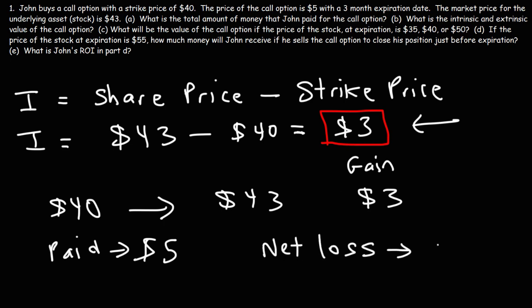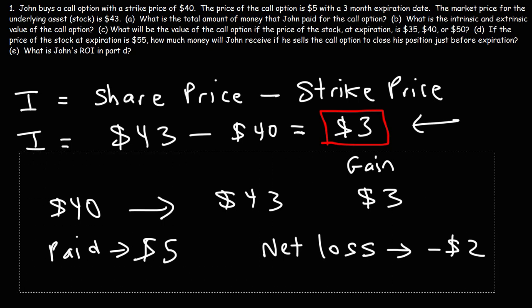So right now, it's not in his best interest to exercise his right to buy the stock at $40. And we could see that the net loss is equal to the extrinsic value of the call option, which is also known as the time premium. It's basically the value of the time and the volatility that is in the call option.